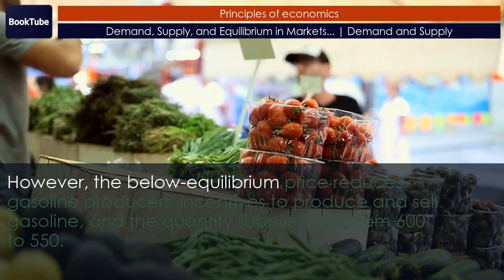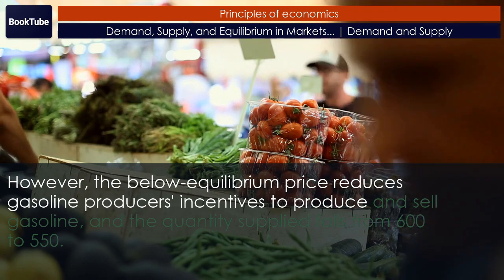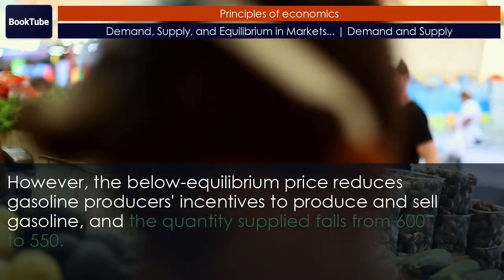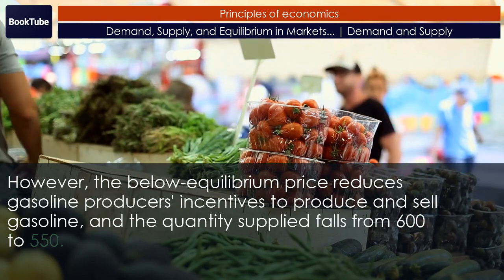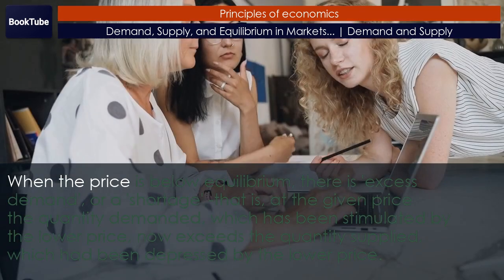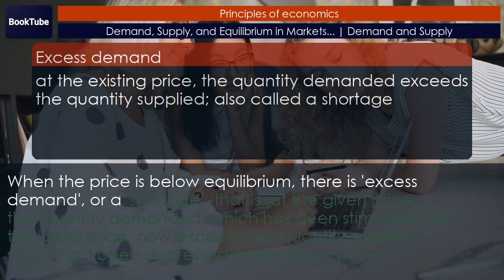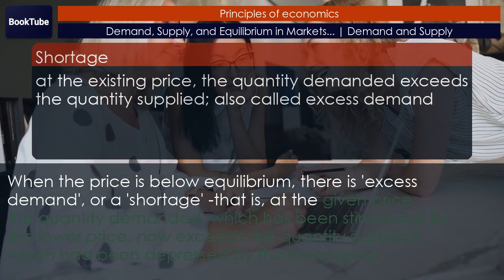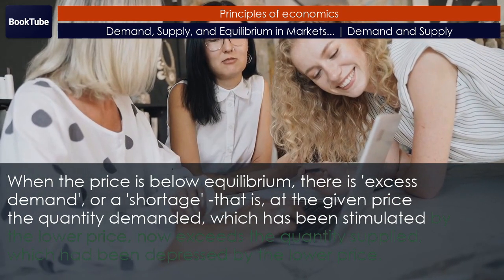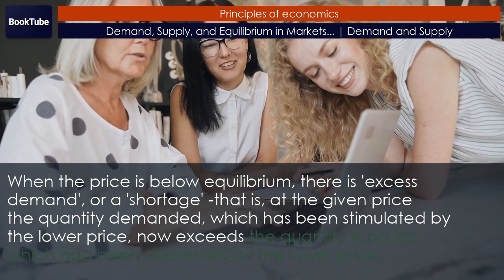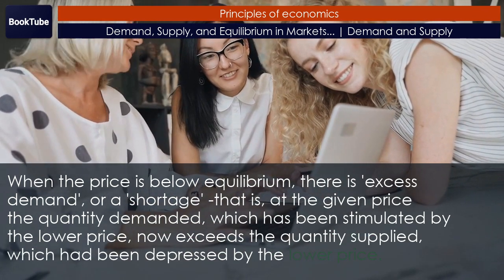However, the below equilibrium price reduces gasoline producers' incentives to produce and sell gasoline, and the quantity supplied falls from 600 to 550. When the price is below equilibrium, there is excess demand, or a shortage, that is, at the given price the quantity demanded, which has been stimulated by the lower price, now exceeds the quantity supplied, which had been depressed by the lower price.